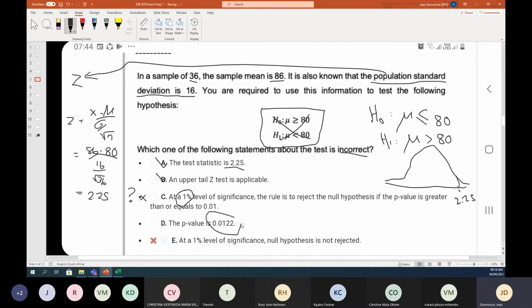How do we go and look for that p-value? In the Z table. Okay, in the Z table. And where are we going to look for that in the Z table? Next to negative 2.25. Okay, so let me first open that Z table that we just had.